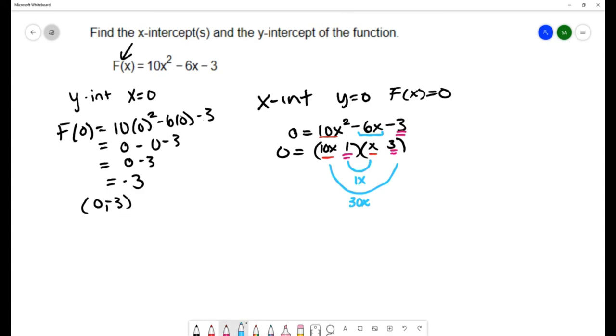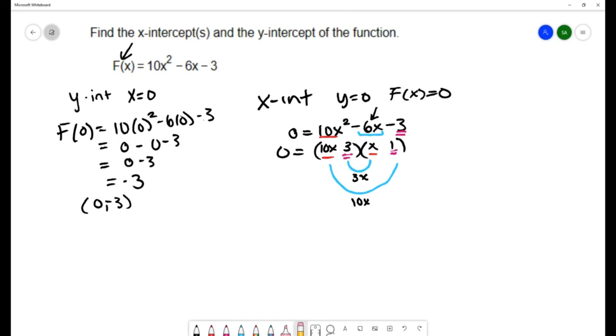So then what I do is I change it up. So I'm going to change this 3 and move it over here. So a 3 and a 1, that's 3x and 10x, and 3x and 10x cannot be added or subtracted to make that middle number of negative 6. So I'm going to try again.